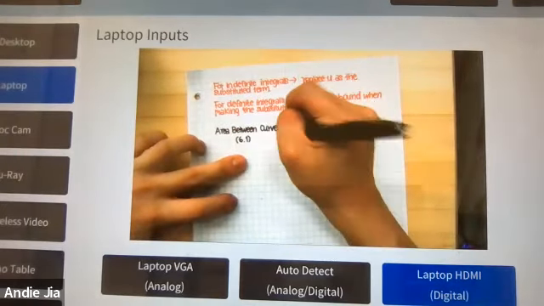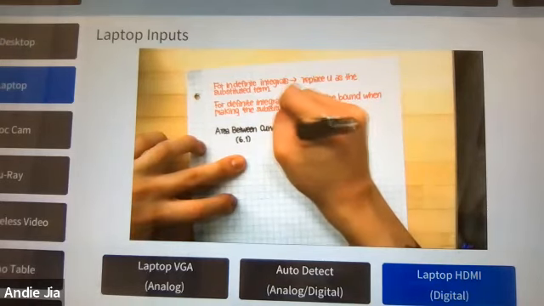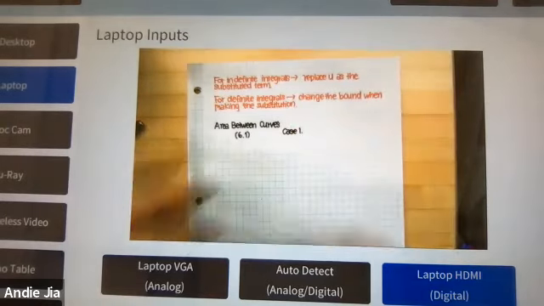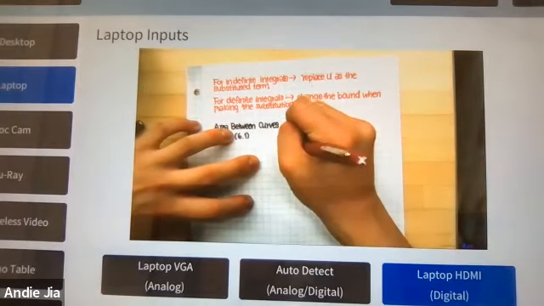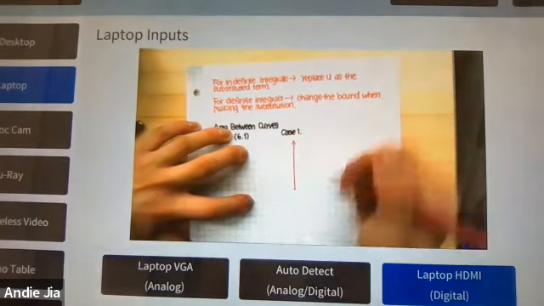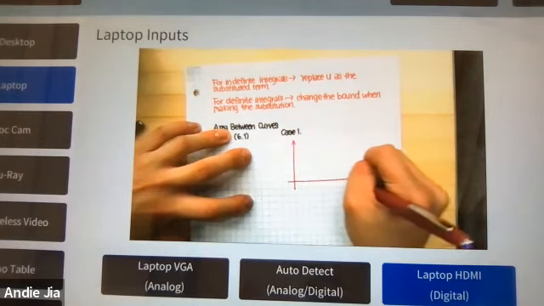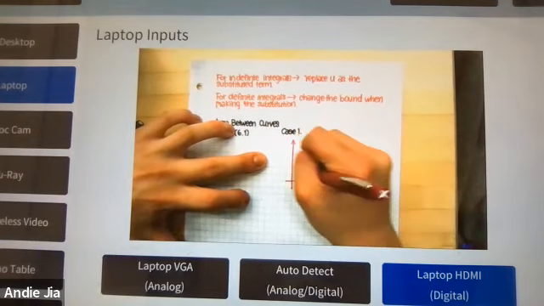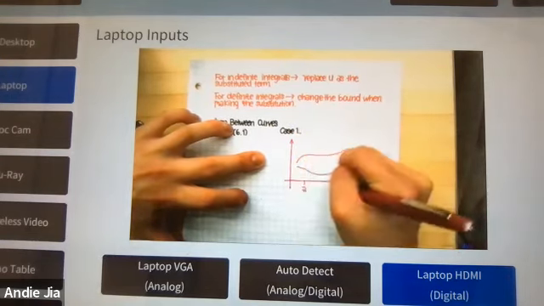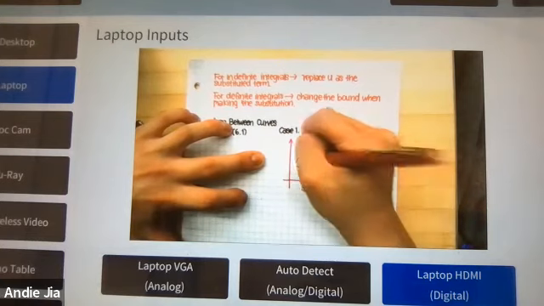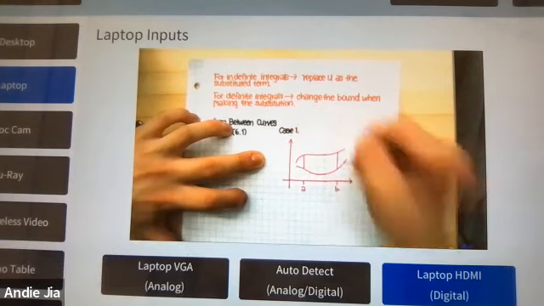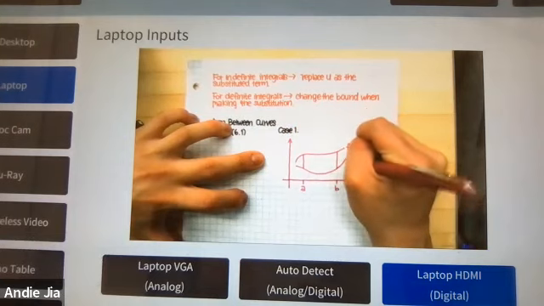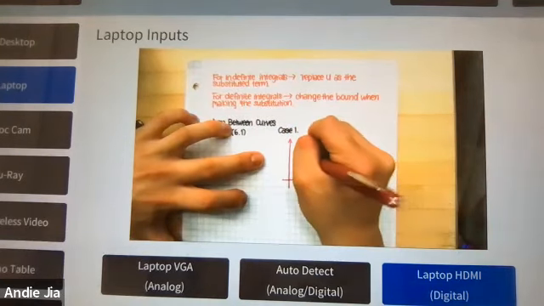If it's case 1, just to visualize this and make life easier, this is a, this is b, and this is f of x, this is g of x.